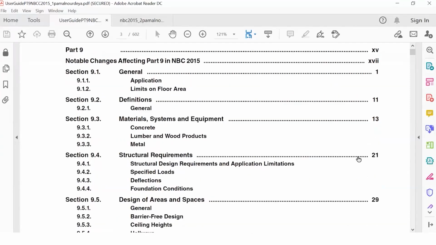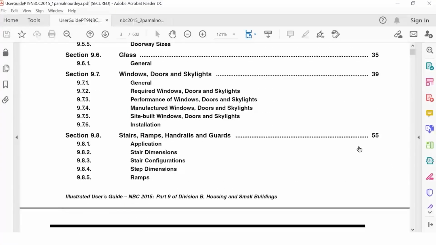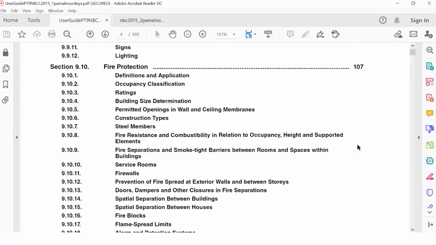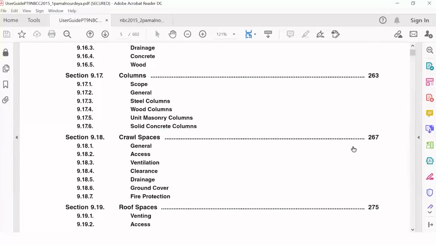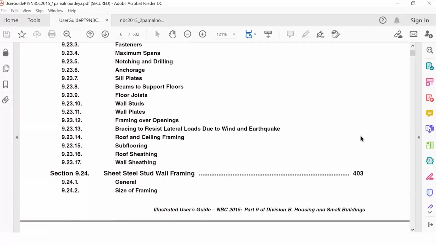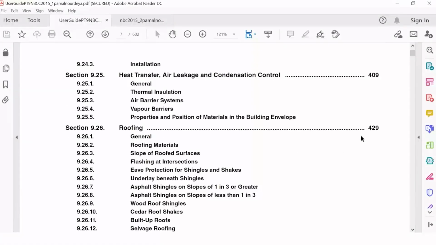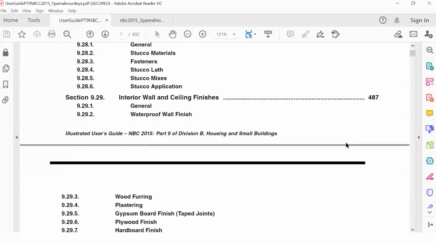So you will see that the table of contents, how it is set up in the user's guide, is pretty interesting. It follows really the sections and the subsections related to part 9, and it keeps going with the subsections all the way till the end. So a lot of illustrations, a lot of comments related to part 9.